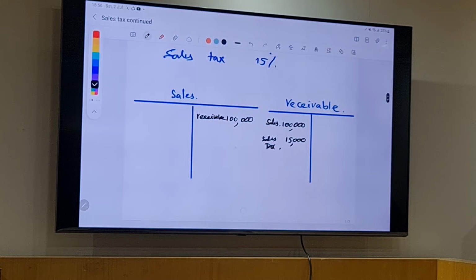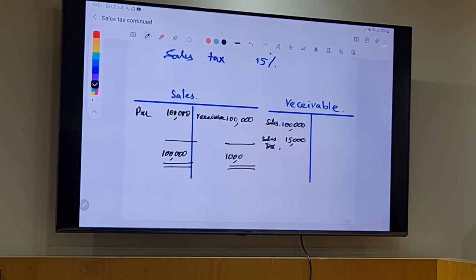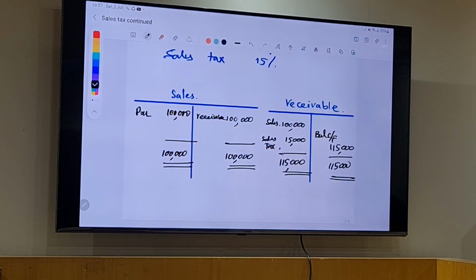And this one is receivable. The total amount of money that you need to receive from the customer is 115,000.